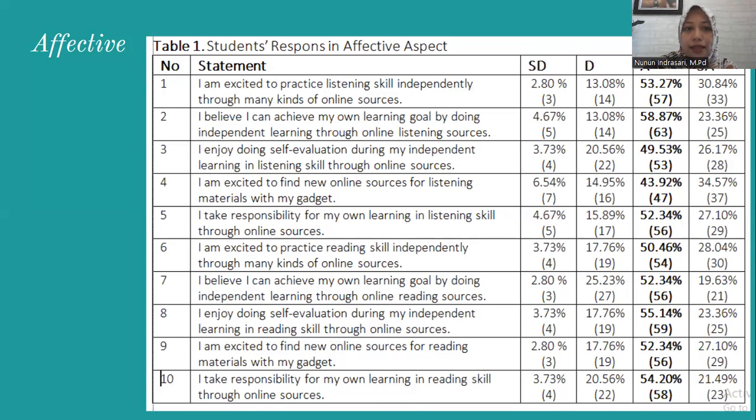Okay, we can see in table 1 the students' response in the affective aspect. Most of the students agreed with the statements. It means that most of the students gave positive feedback or have a positive attitude toward autonomous listening and reading activities in terms of the affective aspect.